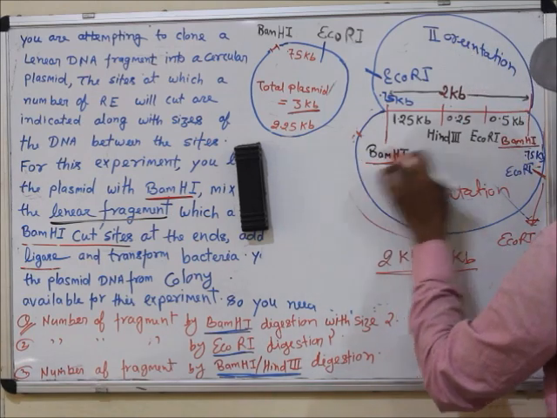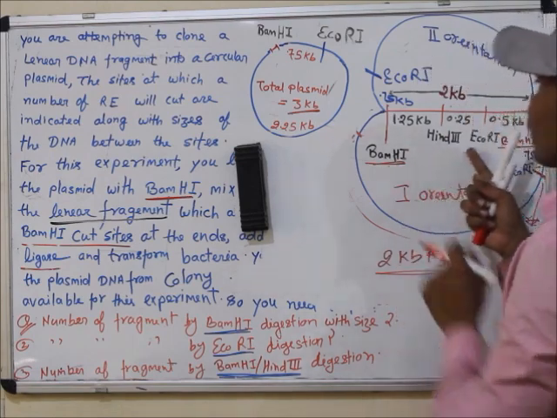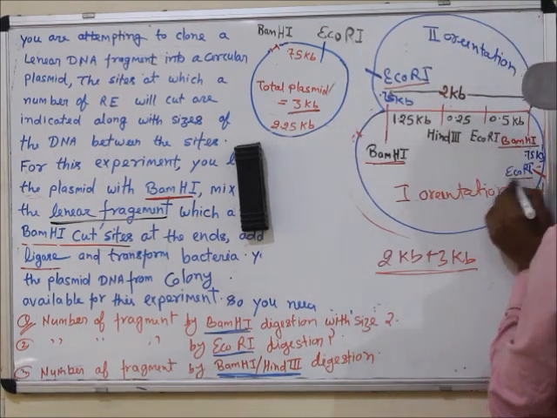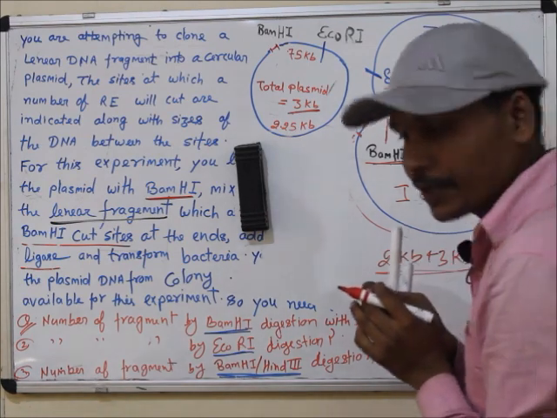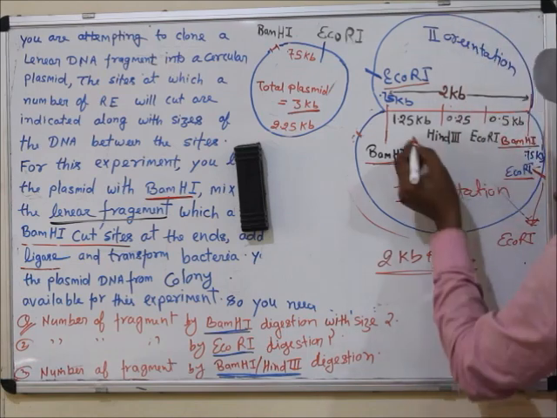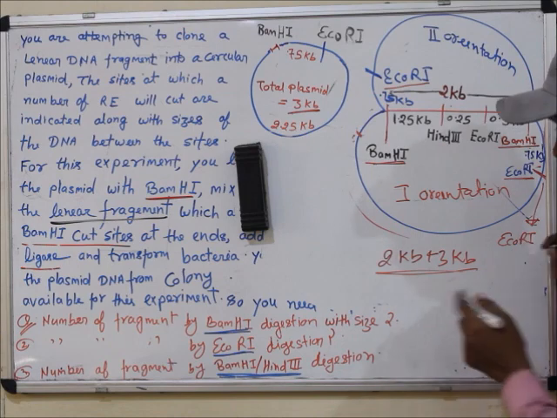This is also BamHI, but there is not another site for BamHI, either here or here. That is EcoRI, and that is also EcoRI. Then also in these conditions, there are 2 kb fragments and 3 kb fragments.